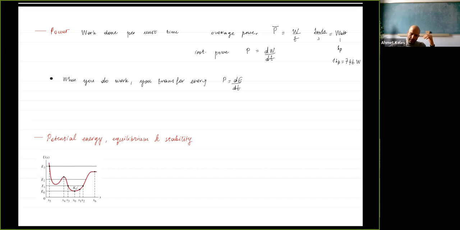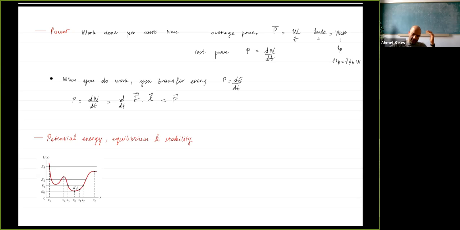Now I want to calculate that. Power is equal to dW/dt. Let me put what work is. Work is, I can actually put it in the integral form, but let's write it F dot L. And let's assume F is constant.